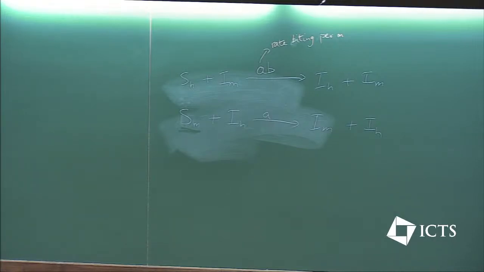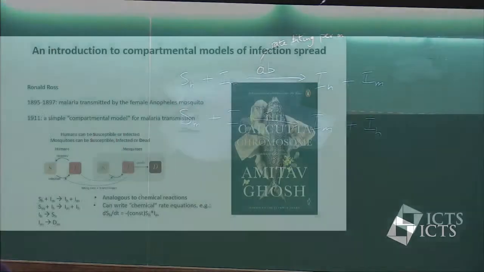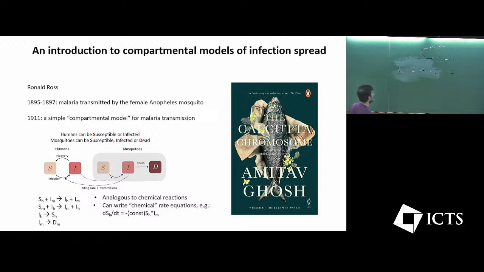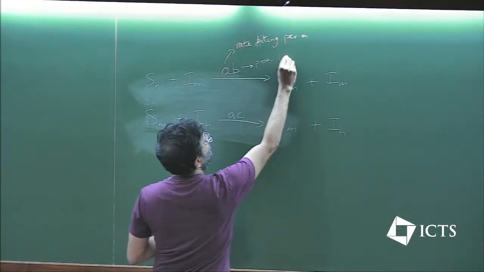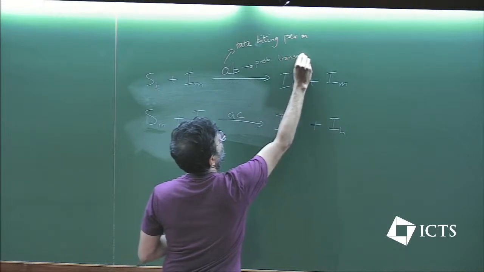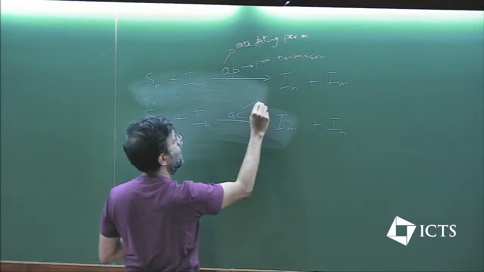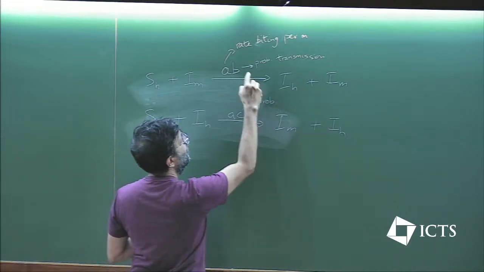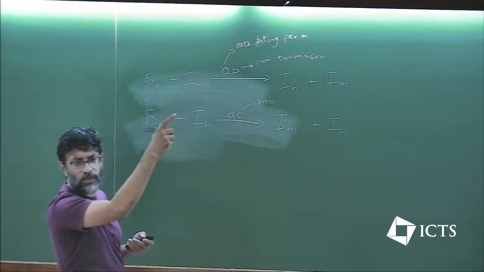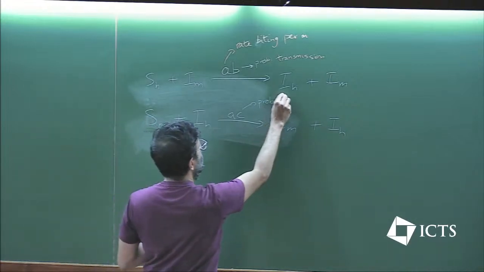A mosquito will bite an infected human, but doesn't necessarily pick up the disease. So here's another one. So this is something like a probability of transmission. And this is a different probability of transmission. One is from mosquitoes to human, and one is from humans to mosquitoes.